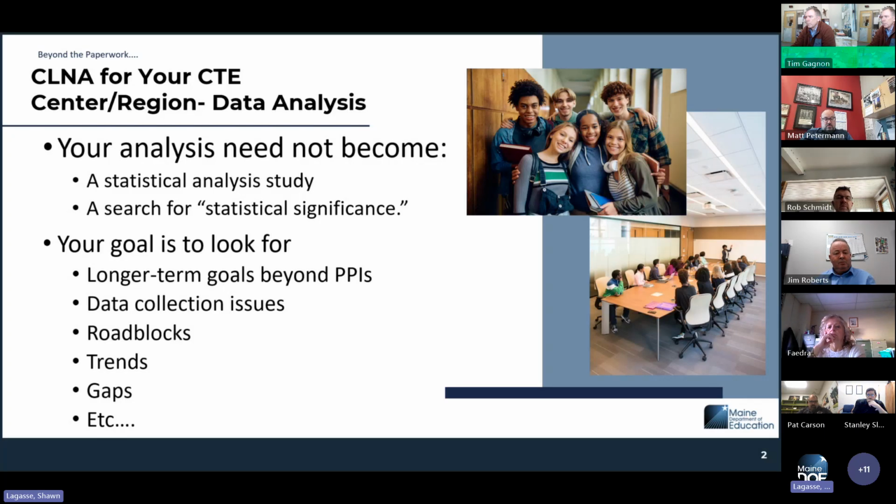You may also find, which we find too, some programs just lose student interest over the years. They no longer have that pull they once had. So you may need to possibly change that program. And this is your opportunity to look at that kind of data to see where we can maybe make some changes in a long-term setting to address those.